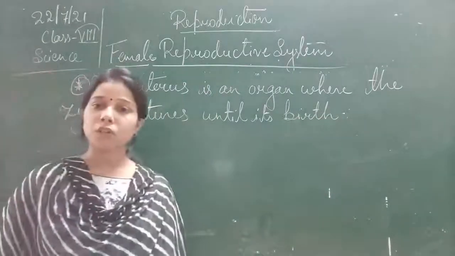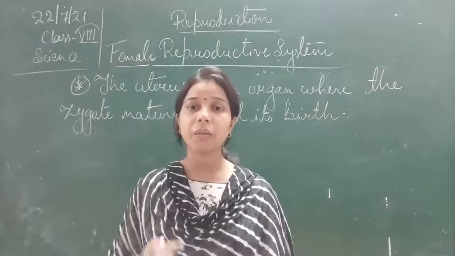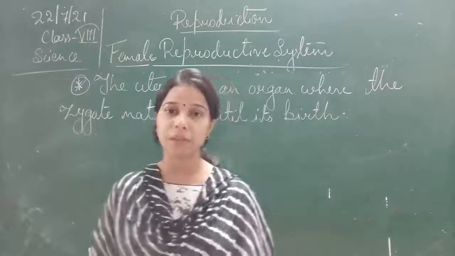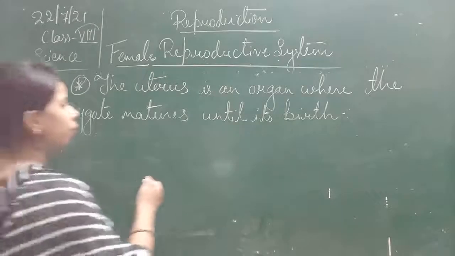So until the zygote develops into an embryo, and from the embryo to a fetus, it will remain present in the uterus of the female body. It is also called the womb.